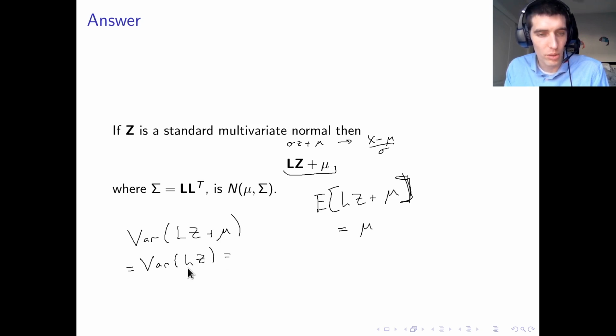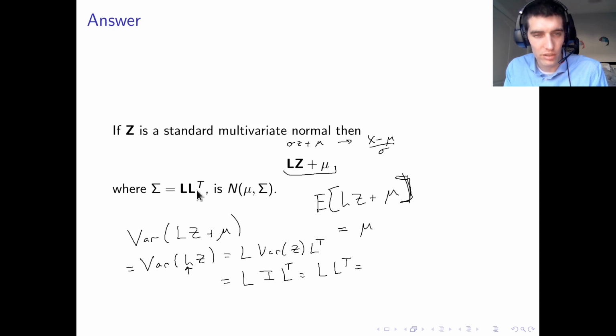Multiplying by a matrix, we get L times the variance of Z times L transpose. Remember, Z is standard multivariate normal, so its variance is the identity. So we have L times the identity times L transpose, which is L L transpose, which, based on this Cholesky decomposition, equals capital sigma.